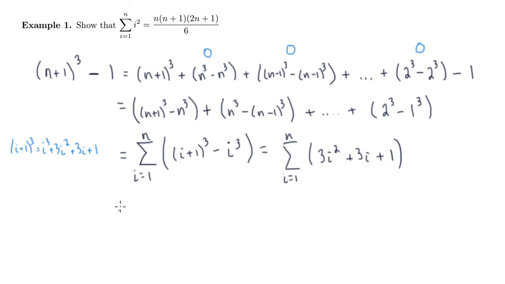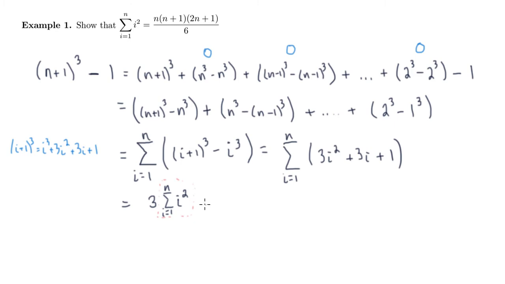But now I'm going to use basically the distributive property. So all of these terms are being multiplied by 3. So I can write this as 3 times the sum i equals 1 to n of i squared, and notice this is actually the sum I'm looking for, right here.